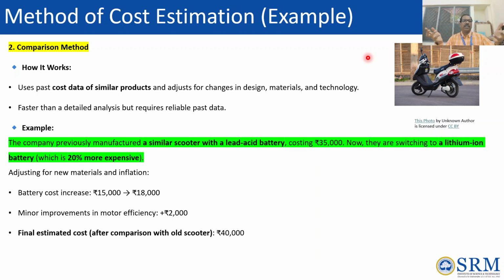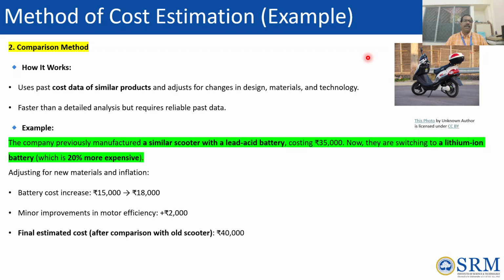Then they do cost estimation. They have previous data, because they are only changing the battery, so all the other details they have can be used for estimating, and they also need to adjust for new materials, and there may be inflation, so they need to consider that inflation also.